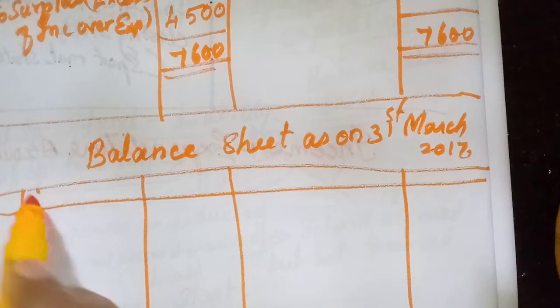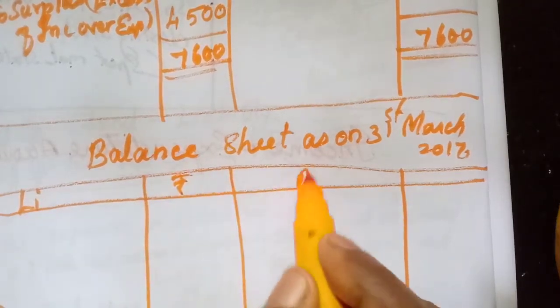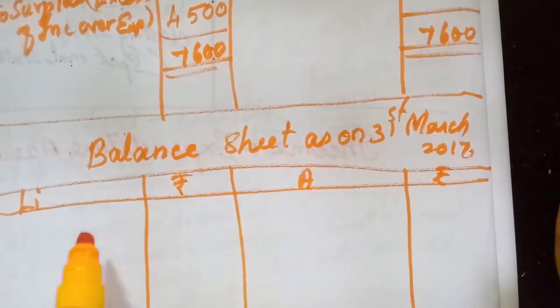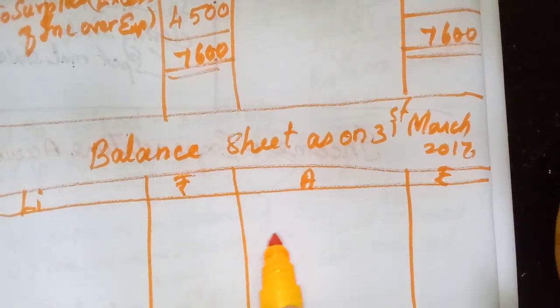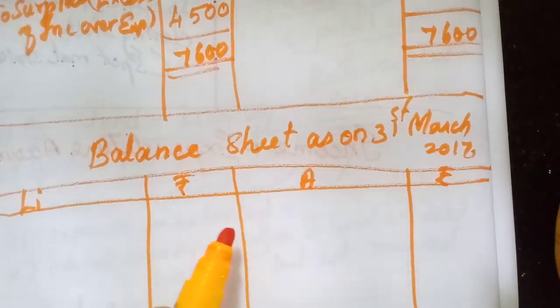This one liability rupees, assets rupees. You have to write fully. Now we have to come from the receipts and payments account. Then payments will be coming in the asset side.